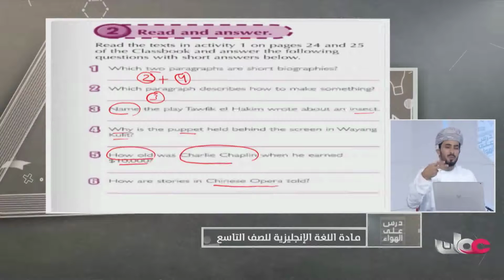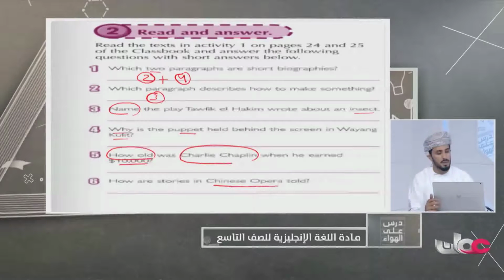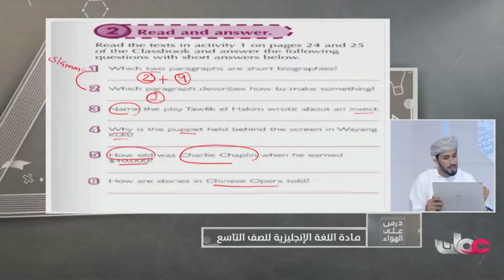So in these two questions, we skimmed the 4 paragraphs. We did the skimming skill, okay? We relied on skimming rather than scanning. But for the rest, I think that we will need to read more.